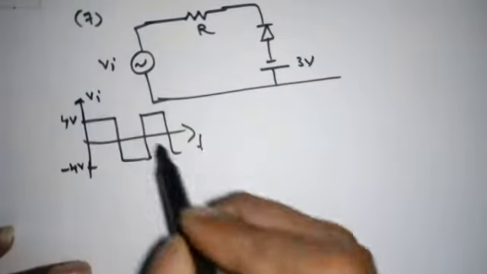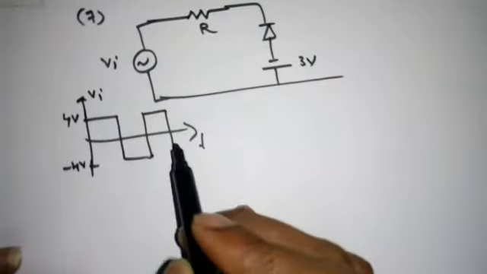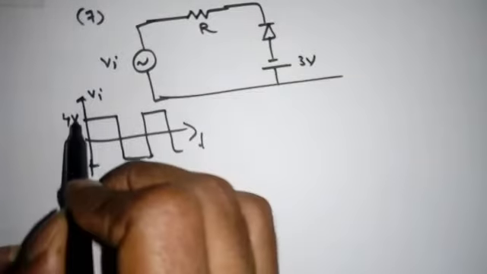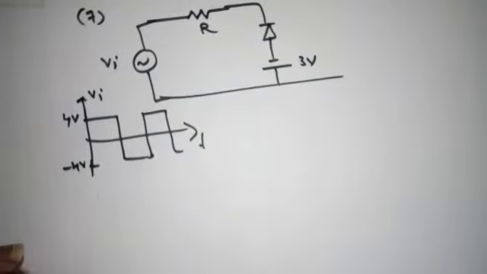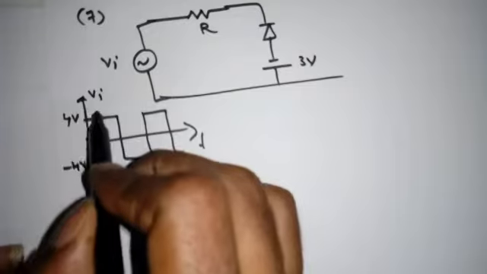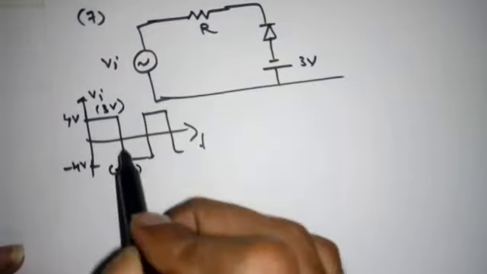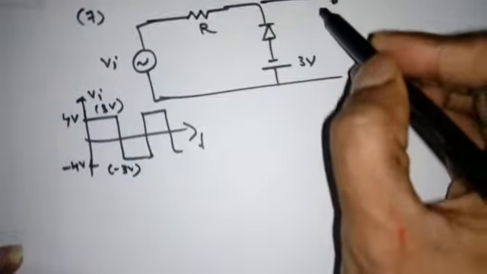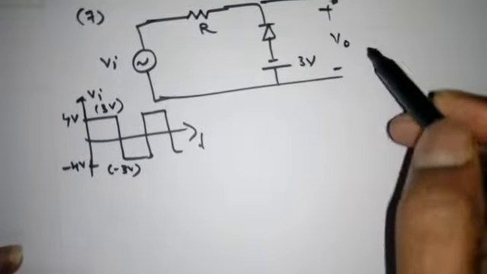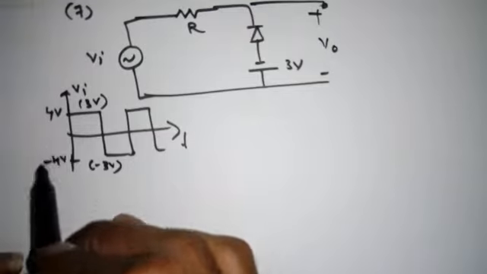This is VI. You do another question with 3 volt, minus 3 volt. That will be a good question. That is for you. Take 3 volt, minus 3 volt and do the analysis. What is the output waveform you will get, right? So I will do it for 4 and minus 4.